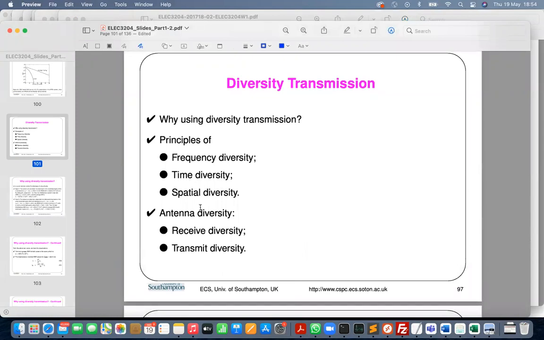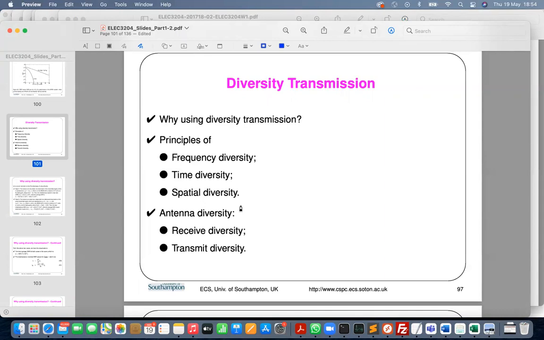The principle of diversity is to transmit redundancies, to transmit the same symbols in different forms over either 2 time slots, that's time diversity, or 2 frequency bands, that's frequency diversity, or over 2 antennas, that's spatial diversity.